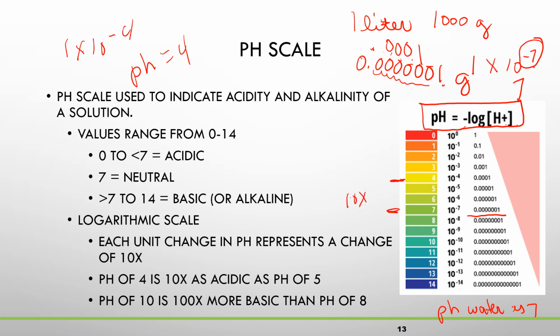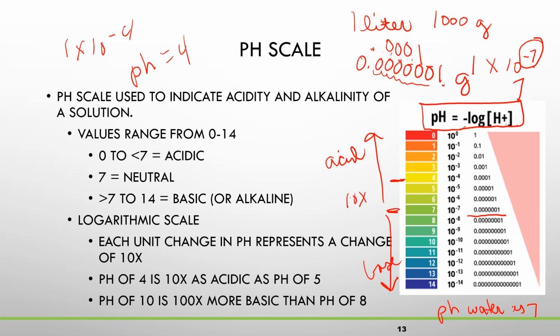If you go from a pH of 7 to a pH of 4, going to 6 is 10 times, 5 is 100 times, 4 is 1,000 times. It's 1,000 times more acidic than a pH of 7. So anything below a pH of 7, down to a pH of 0, is an acid. And anything above a pH of 7, up to a pH of 14, is a base.